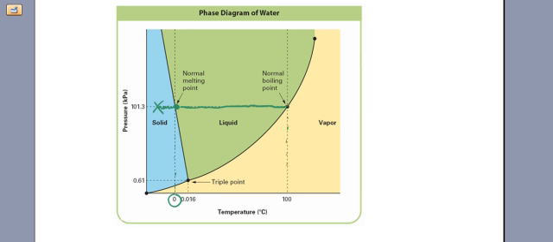Once you hit 100 degrees Celsius, it's going to start to boil, and it's going to stay there until all the water has boiled, and then you're going to move into the gaseous phase, or vapor. So at this point in the diagram, you're at a solid. Anywhere in the green area, you're going to be liquid, and then once you cross that barrier, you're going to be a vapor.